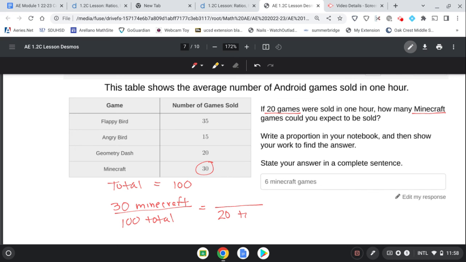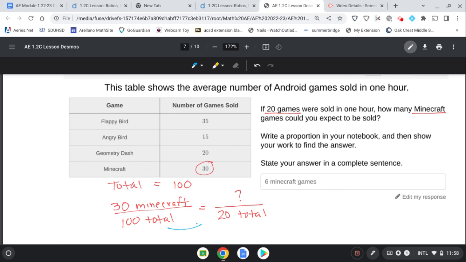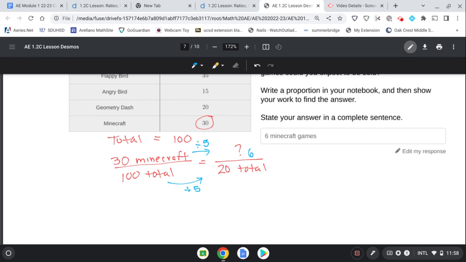If there's 20 total games, how many of those are going to be Minecraft? So 100 divided by 5 is 20, so divide 30 by 5, and that would be 6. So a result would be that 6 out of the 20 games would be Minecraft.